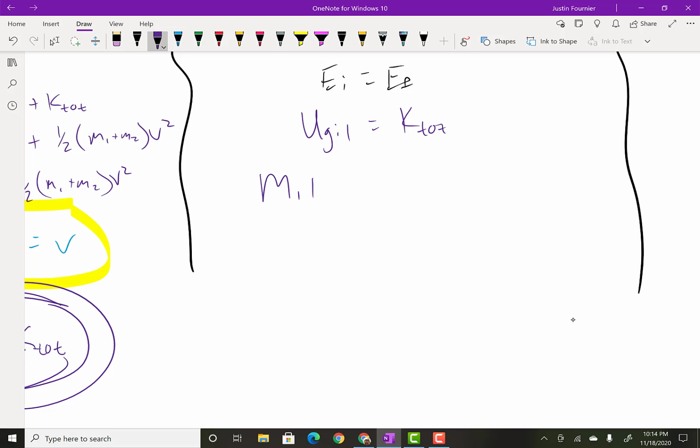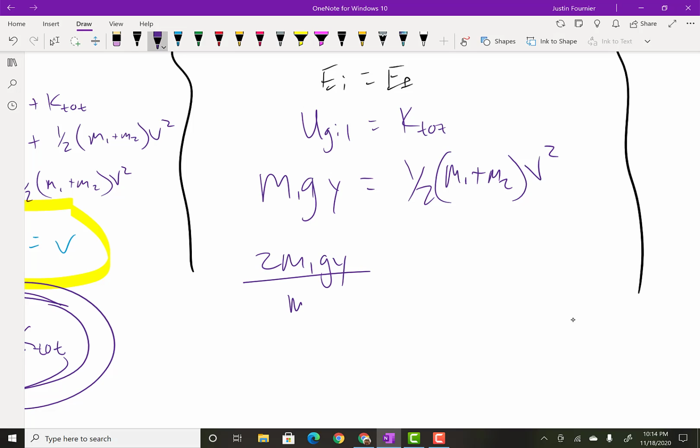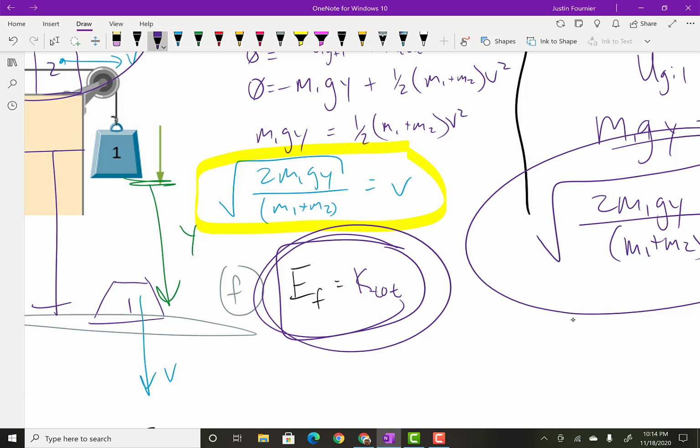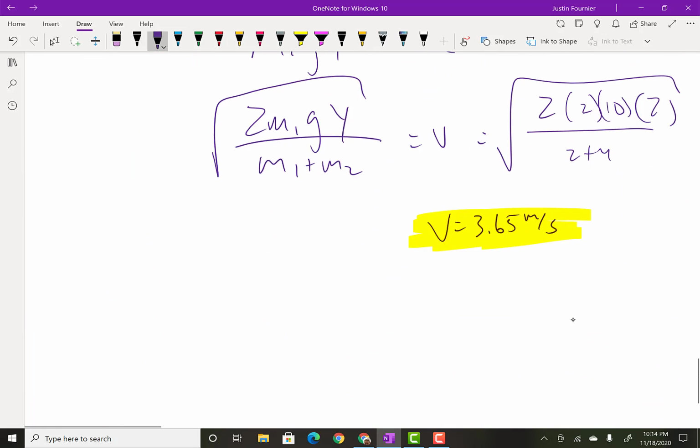So this is m1 g y, which equals 1/2 (m1 plus m2) v squared. Lastly, I'm going to isolate v squared. It's 2 m1 g y over m1 plus m2, take the square root, and again, it's exactly the same thing that I get here and the same thing that I get down here.